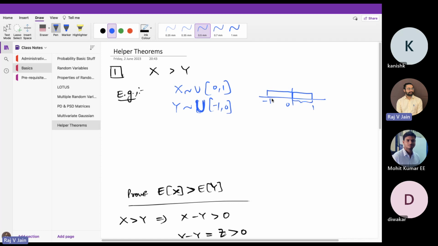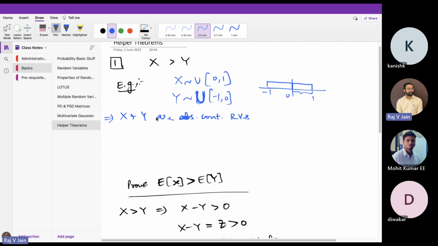Simple stuff here. Let's say x and y are continuous random variables, just an aside here, absolutely continuous again, right? If this is true, then x greater than y defines an event, that we have already seen.